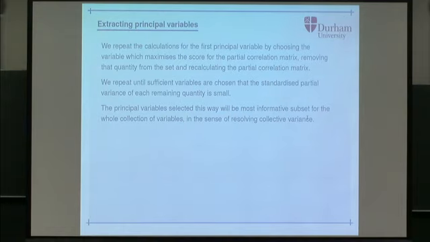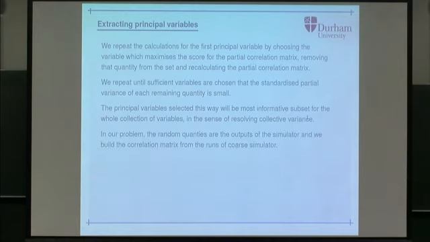Okay? So I learned about principal variables from Jonathan Cumming, who I forgot to say at the beginning is my co-author in all of this, because he wrote a very interesting paper on this that I will reference at the end. Okay, and if you're thinking about dimension reduction, it's a useful thing to have in your toolbox.